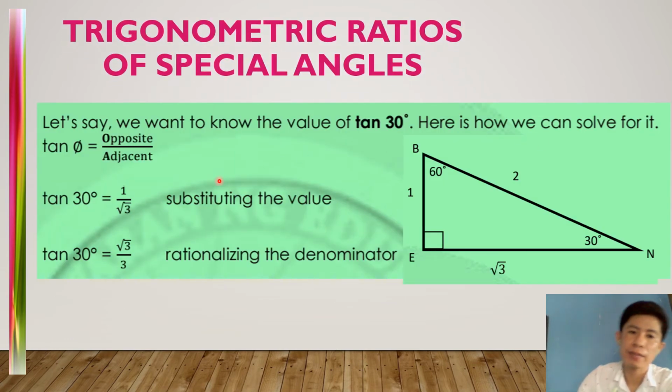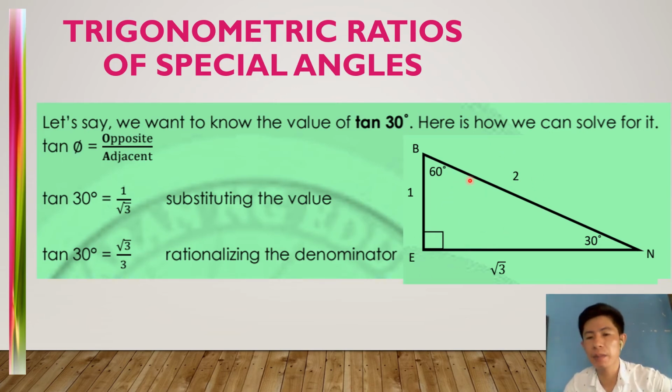Okay. Let us now solve for the trigonometric ratios of the special right triangle. Sa figure natin, lahat naman ay meron nang mga measurements. Yung hypotenuse natin is 2, shorter leg is 1, and the longer leg is the square root of 3. So, no need to use the theorems kasi nandyan na siya.